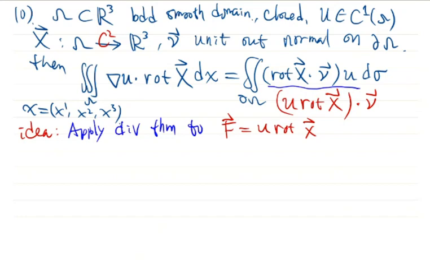U times curl X is a new vector field generated from the old one, X. A vector field multiplying a function is still a vector field.